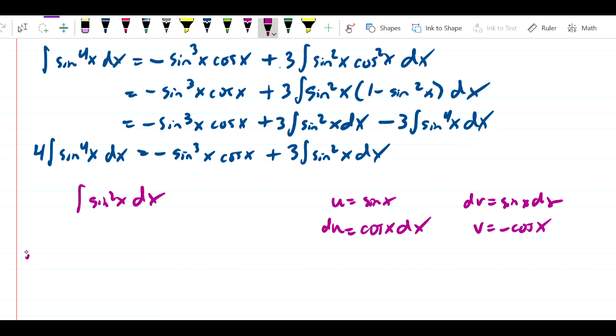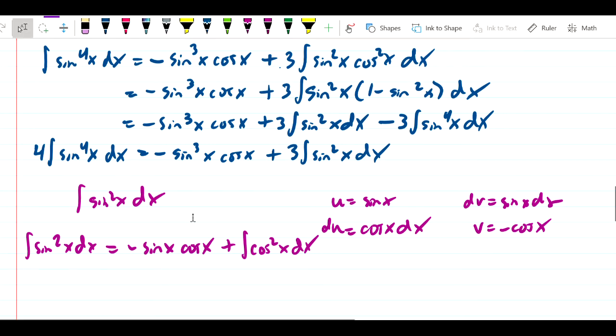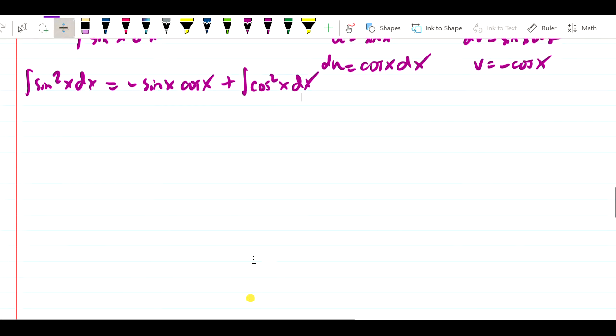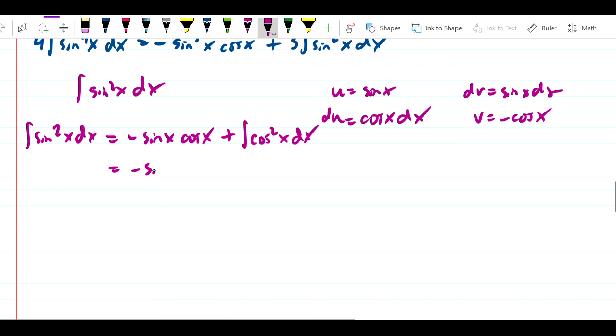So that gives us that the integral of sine squared x dx equals negative sine x cosine x, and then plus, we have cosine x and cosine x in the v and du, so that just becomes plus integral of cosine squared x dx, which equals negative sine x cosine x plus the integral of 1 minus sine squared x dx.